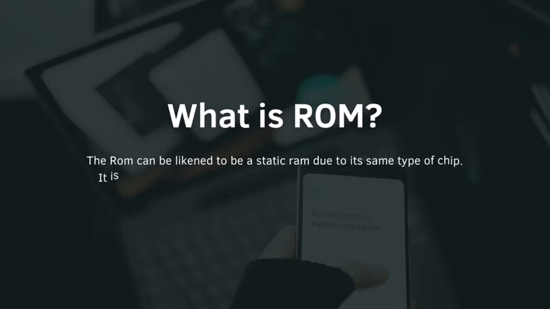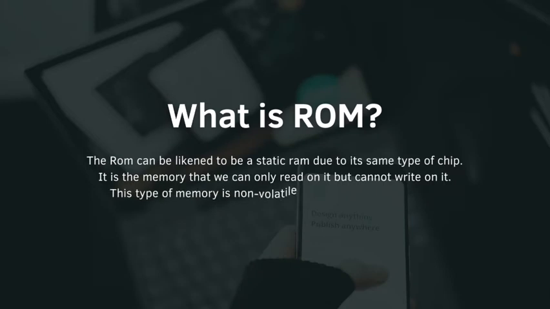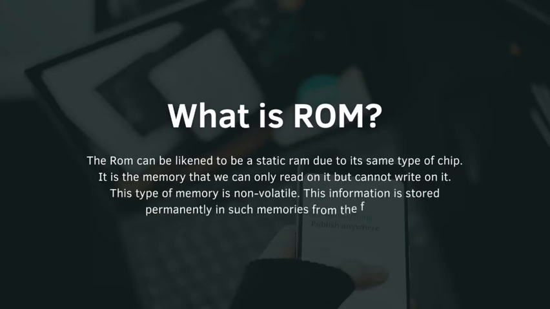Now, what's a ROM? You can liken a ROM to a static RAM due to the type of chip it has. It is a memory that can only be read but cannot be written on. This type of memory is non-volatile. The information is stored permanently in such memories from the factory.